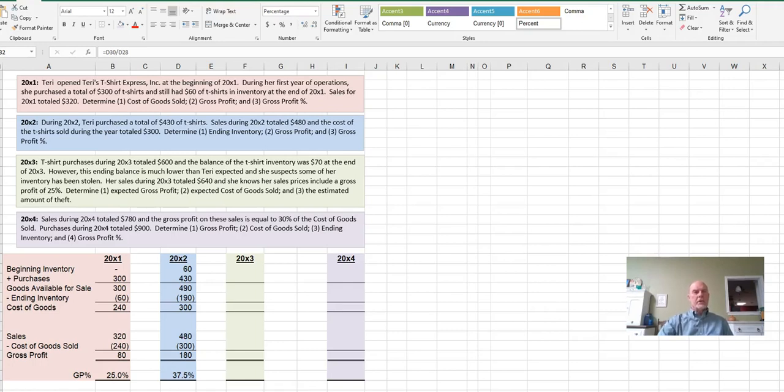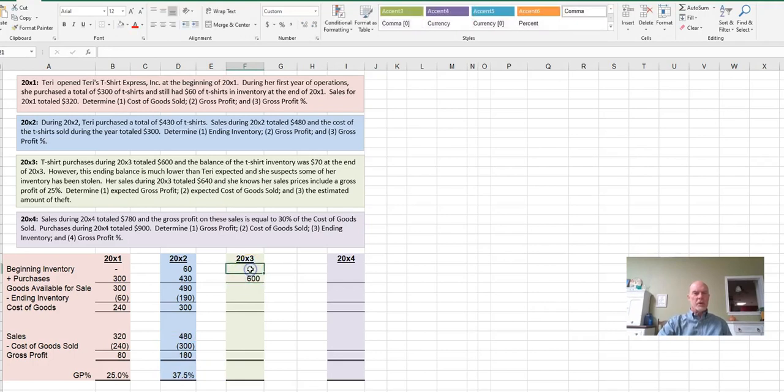Okay, so in year 3, it says that we purchased during 20X3 a total of $600 of t-shirts, and the balance of the t-shirt inventory was 70 at the end. Okay, so let's see. In 20X3, we purchased 600. I'll put that there.